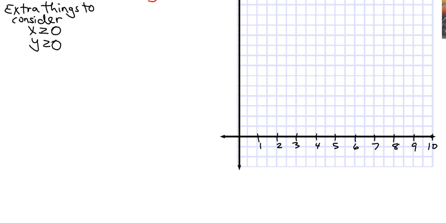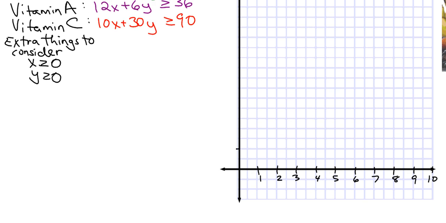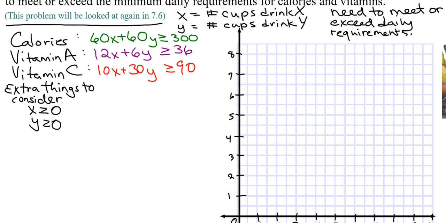And then on this axis, I'll do the same thing: 1, 2, 3, 4, 5, 6, 7, 8, and zeros down there. 8 is as high as I got, so hopefully that will work for me.